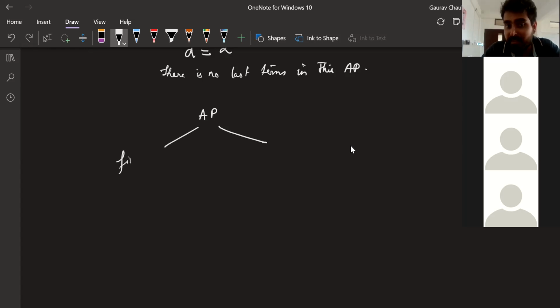There is finite AP or finite sequences and infinite AP or infinite sequences. Particularly AP can also be divided into two types, finite and infinite.